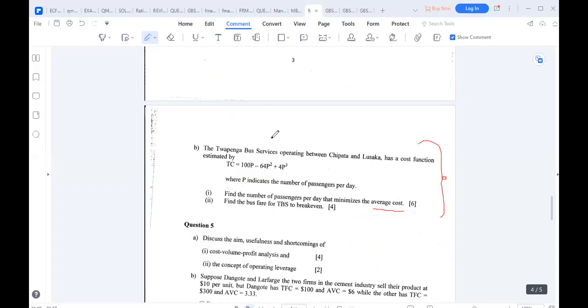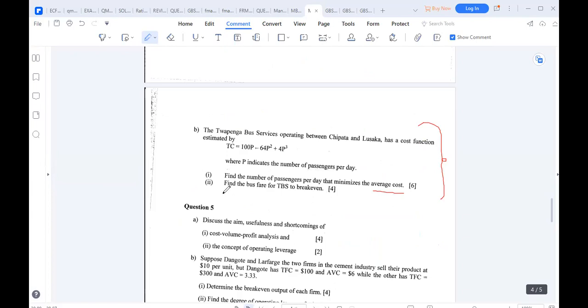What about part B? Part 2, find the bus fare for TBS to break even. How do we break even?